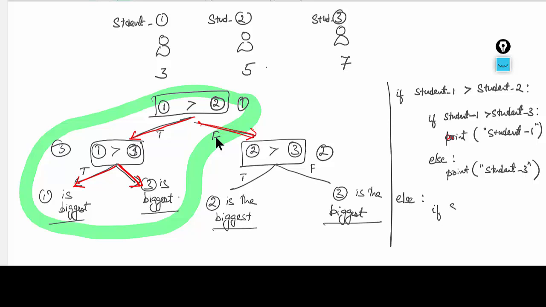If student underscore 2 greater than student underscore 3, if it is true, meaning we are looking at this part, then print student 2 is older, else there is only one other way, which is 3 is older.